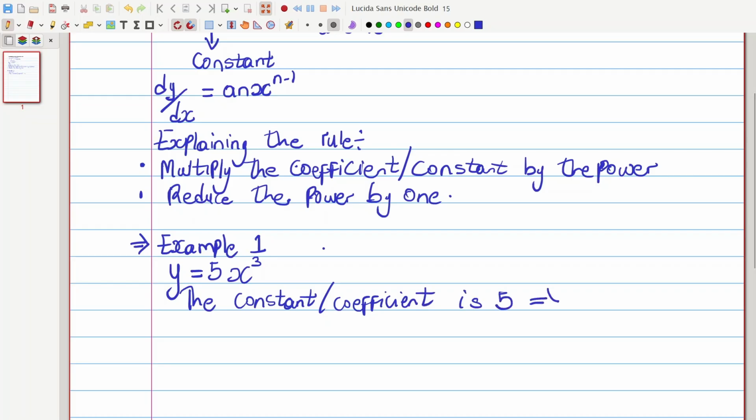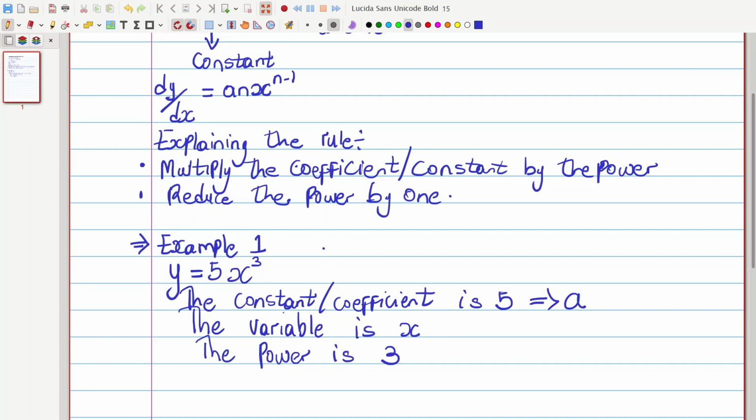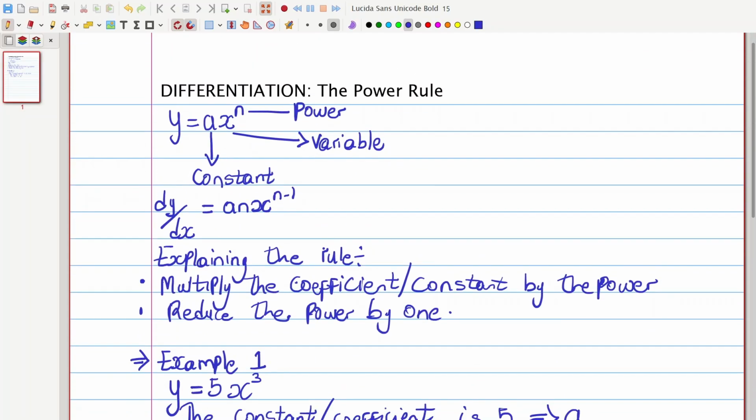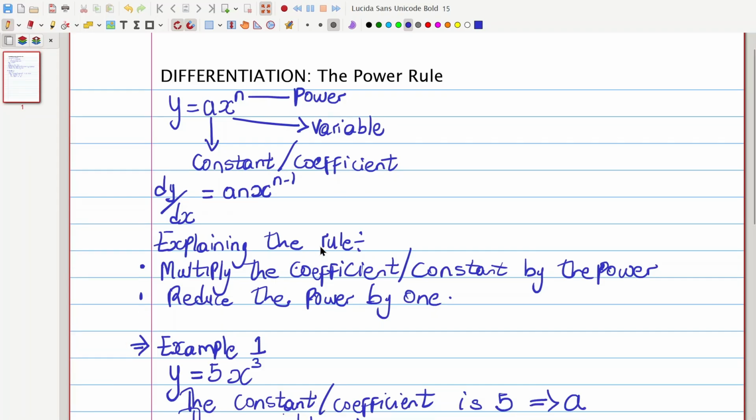This is in the position of a. The variable is x. The power is 3. You can remember what we did up here. a is a constant or coefficient, x is the variable and n is the power.